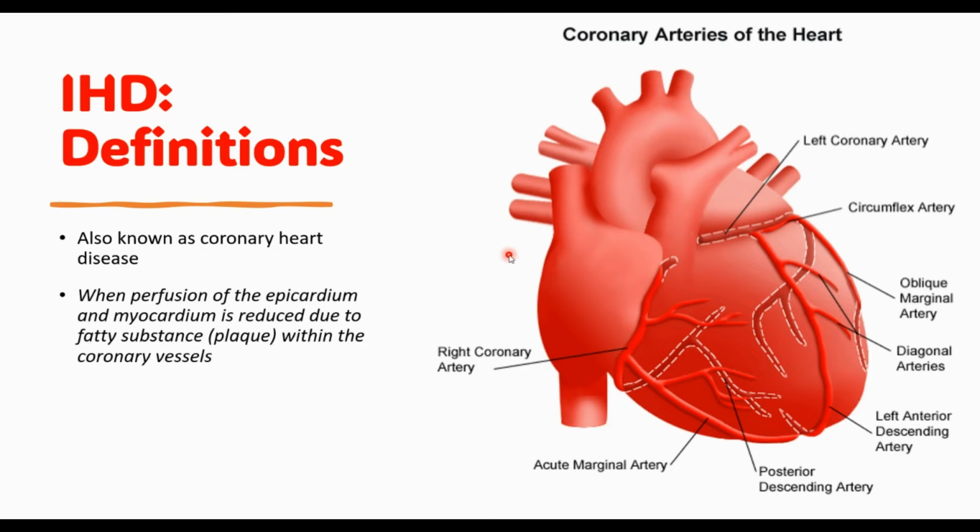And the definition is when the perfusion, so the blood flow to the epicardium and the myocardium, is reduced due to fatty substance buildup within the coronary vessels, and this is a chronic process known as atherosclerosis, and this happens over several years.